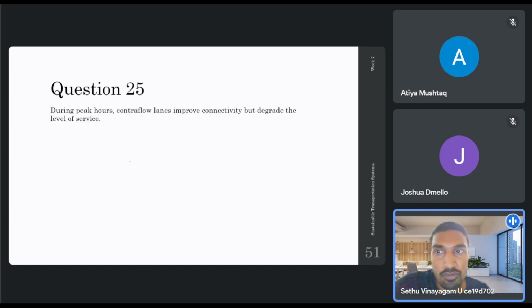Okay, question number 25 is: during peak hours, contraflow lanes improve the connectivity but degrade the level of service. So you have to say whether this statement is true or false.